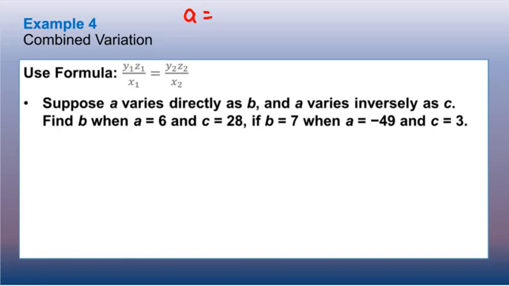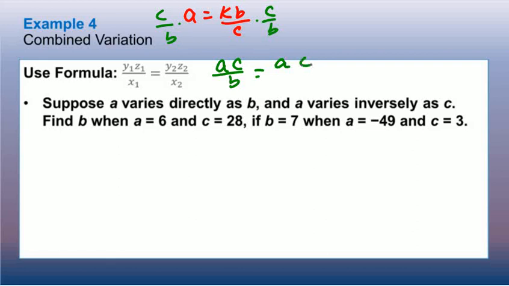A varies directly as B and inversely as C. So if I were to solve for the constant, it would be AC over B, and over here would be AC over B. So my formula that I'm going to be using would be AC over B equaling AC over B.